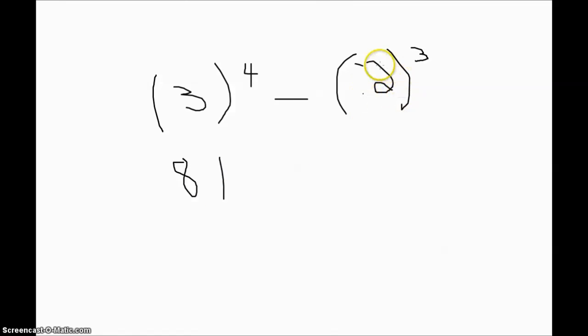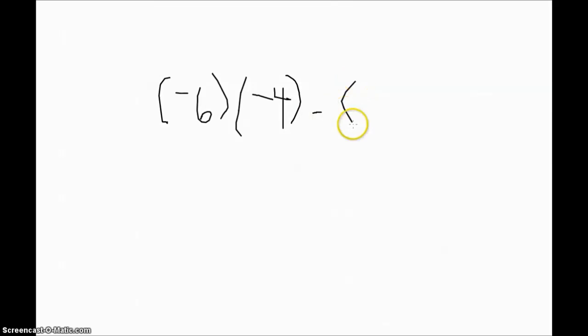Now when you're doing an exponent of a negative number, if it's an odd exponent, it's going to remain negative. So you have negative 2 times negative 2, which is 4, and then times negative 2 again, you get negative 8. So 81 minus negative 8 is 89.